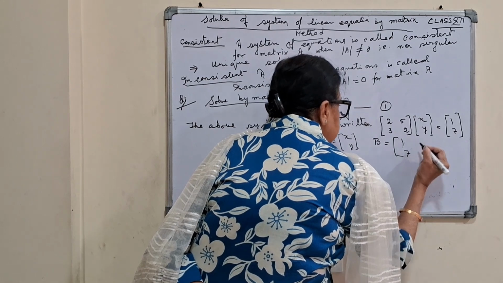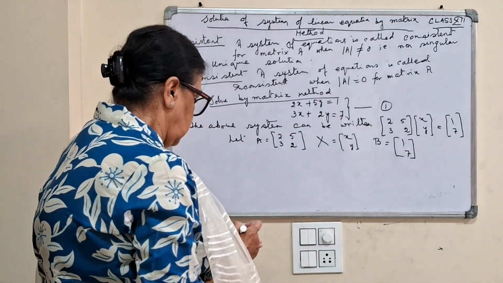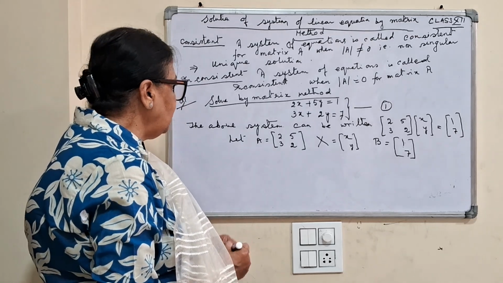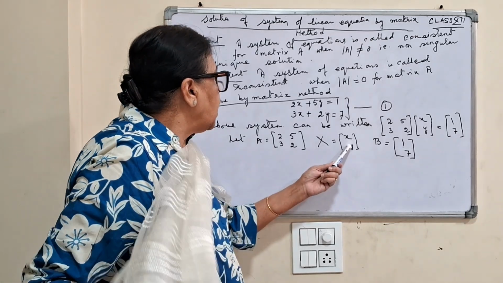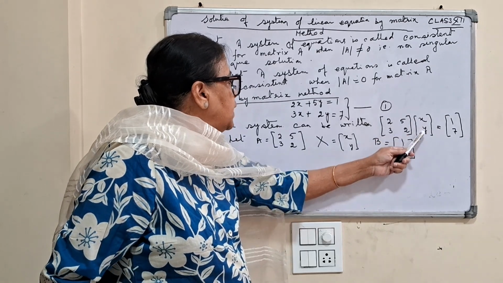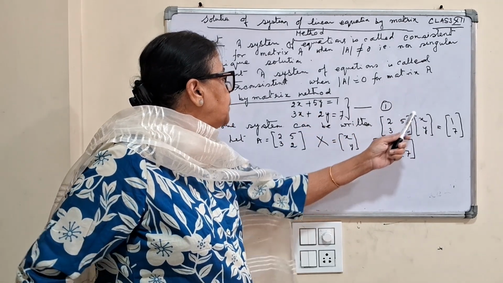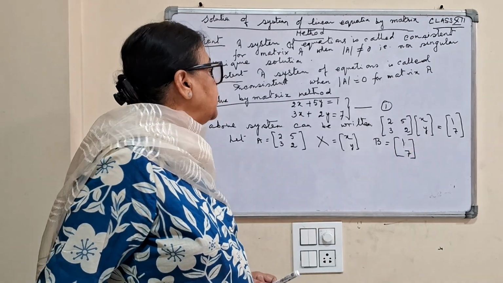Sorry, there is no comma. Here, just check: if I multiply these two, I get 2x plus 5y is equal to 1, and 3x plus 2y is equal to 7.